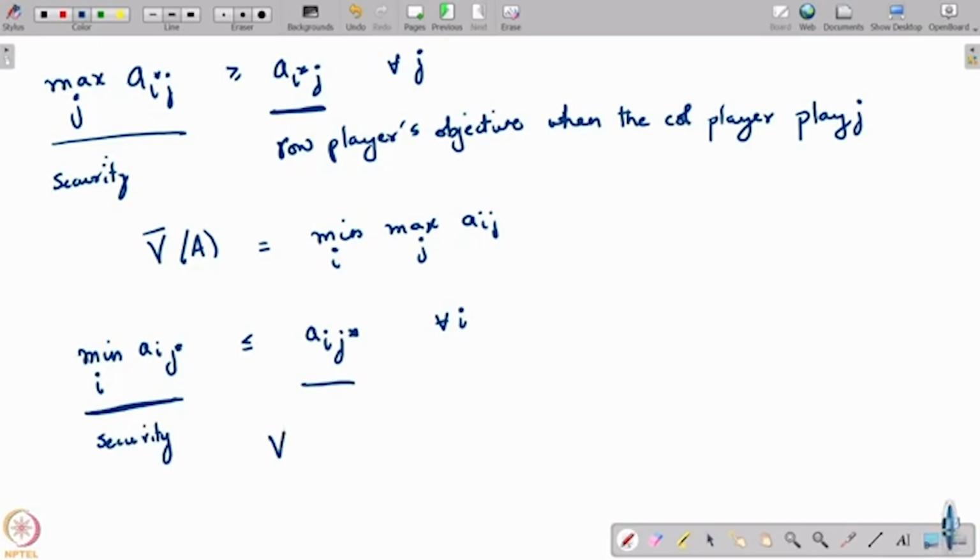So in other words, if the row player and column player play i star and j star, then they are guaranteed to receive a payoff better than that defined through these security levels.